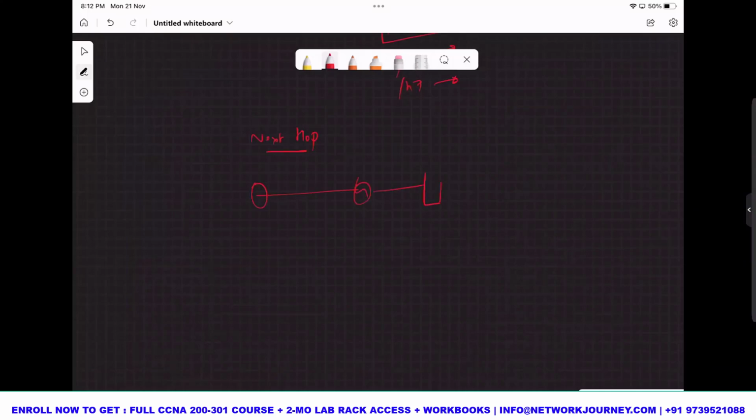So let's say there is a user here, and if a user from this side wants to reach this, then on the router, I will say to reach that destination, located at this mask, go via the next hop.